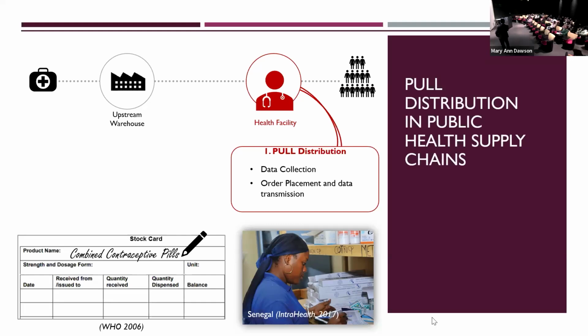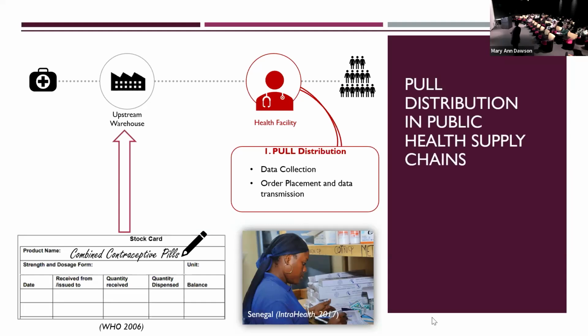They are also responsible for transmitting whatever information is on this card, the inventory consumption data, to the upstream facilities. It could be as simple as taking this card, going to the upstream warehouse, and giving it to them, right? So this is a pretty tedious job.